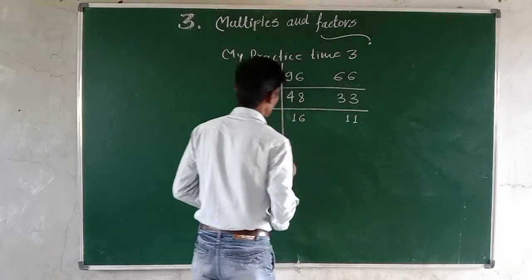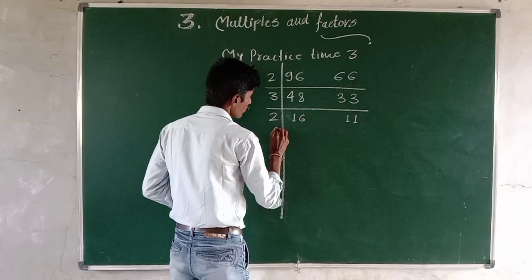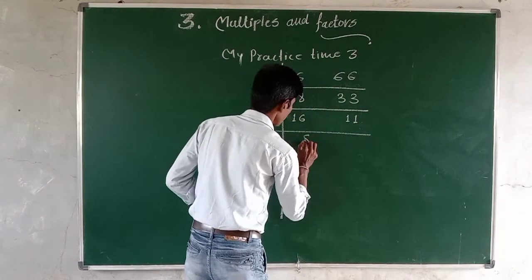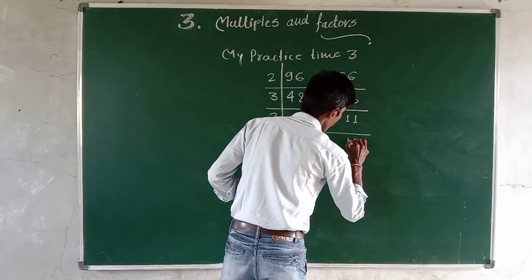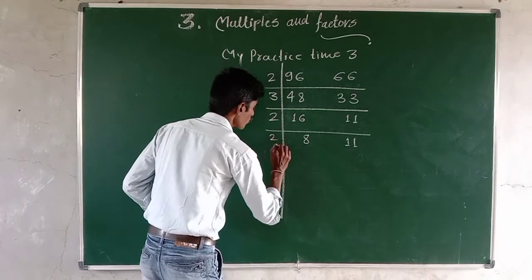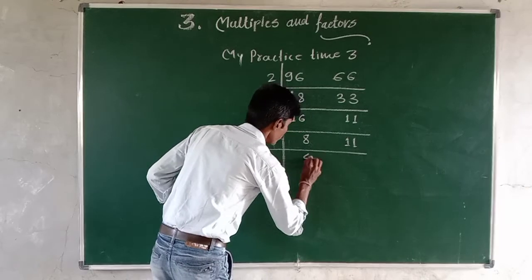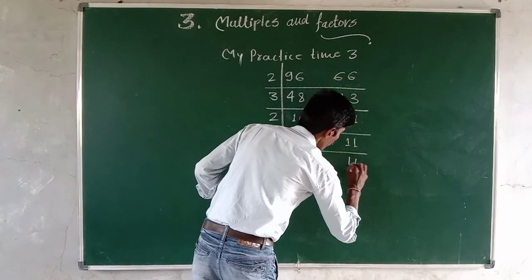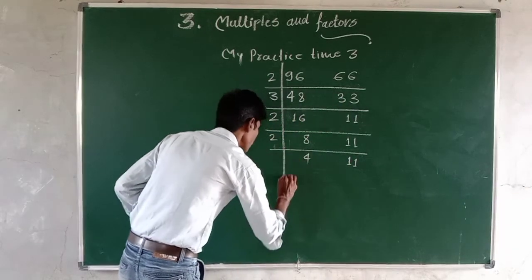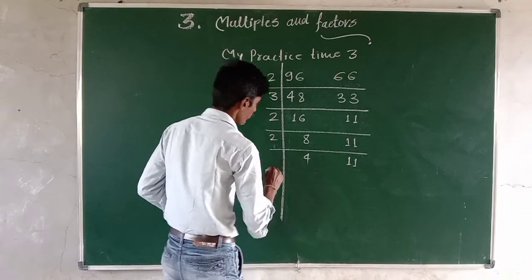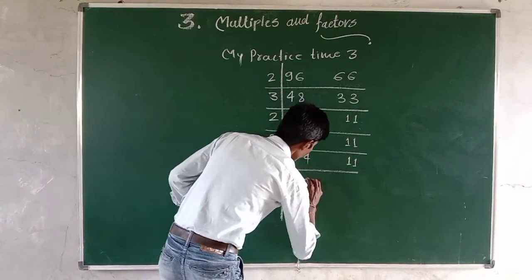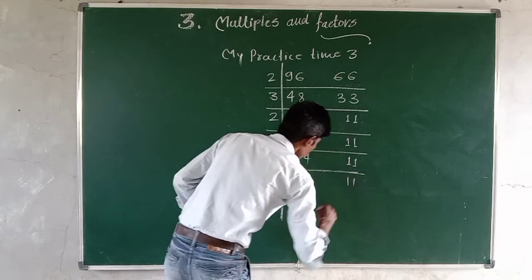Now this 16, 11 will be as it is. Again this 2, 8, 11 as it is. Again this 2, 4, 11 as it is. Again this 2, 2, 11 as it is.